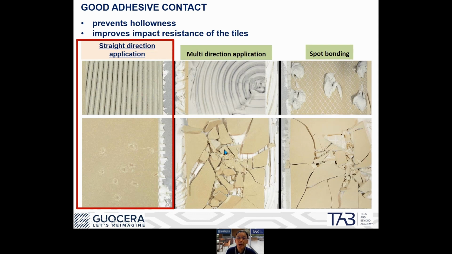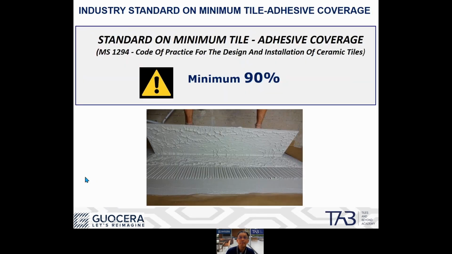If any part of the tile is hollow, when anything heavy drops on it, the tile will tend to break more easily. So if the coverage is full, it will improve the impact resistance of the tiles.